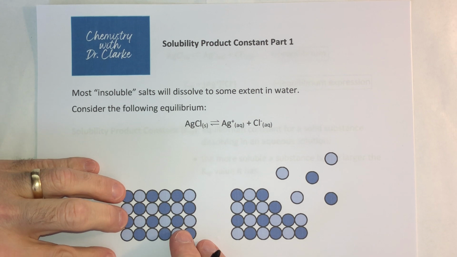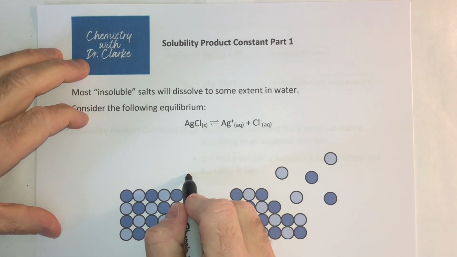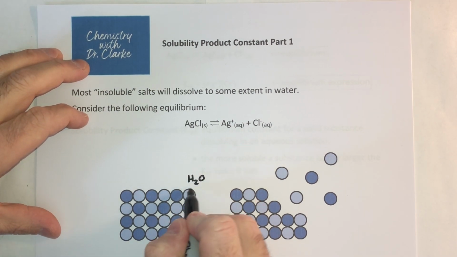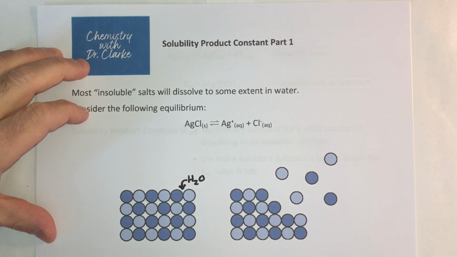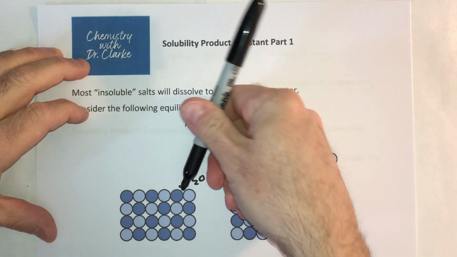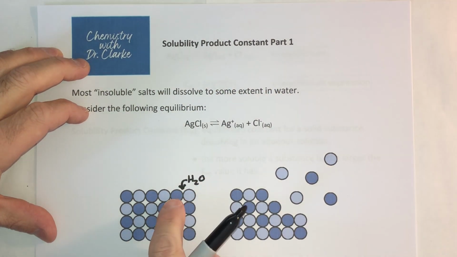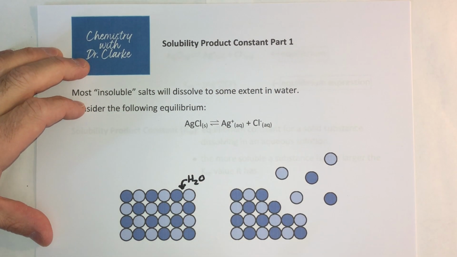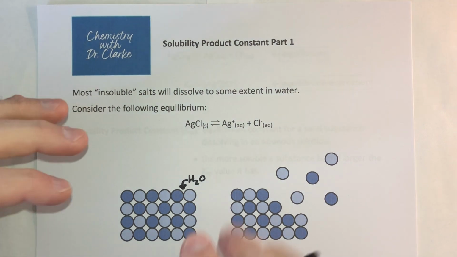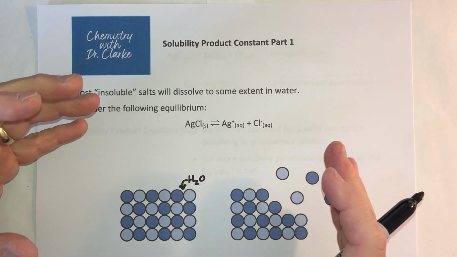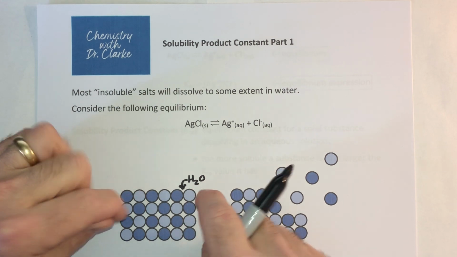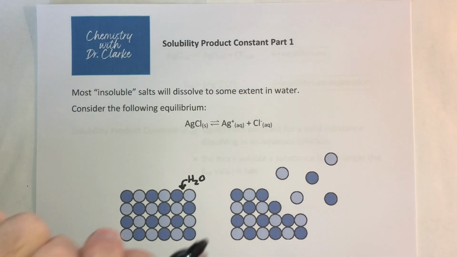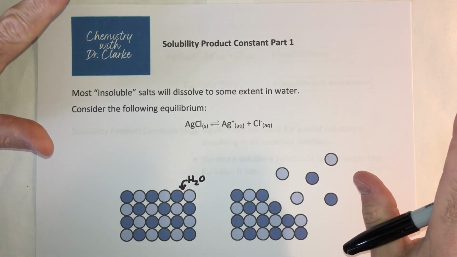Now, if you throw this into the water, the water molecules wedge themselves in between the ions. So this little water molecule is going to attempt to wedge itself between the silver plus and the chloride minus. Now, if a substance dissolves really well, that means the water is very effective at wedging itself in and splitting the ions apart.